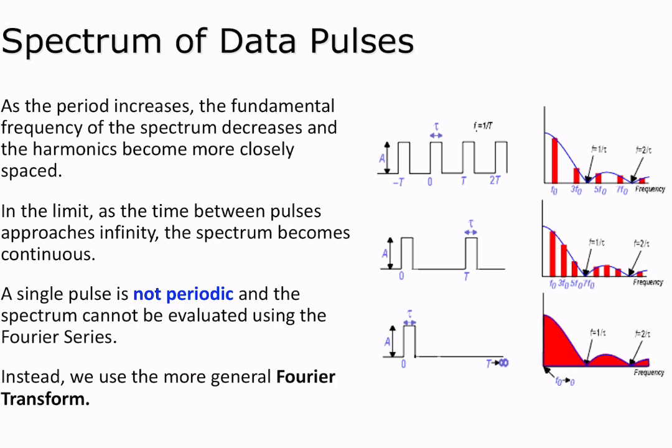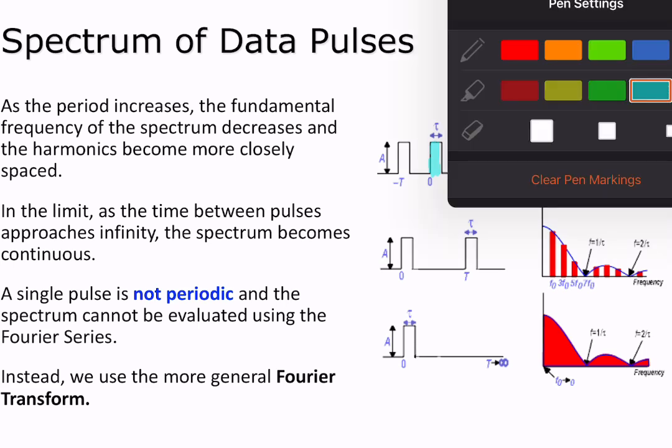Okay. Remember, we introduced this idea of an envelope of a spectrum last week. So I said if I had a pulse train with a pulse with a particular width and a particular period, then this will give us spectral lines that have a particular shape, or the envelope of which has a particular shape.